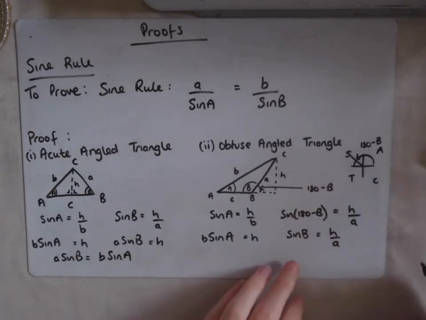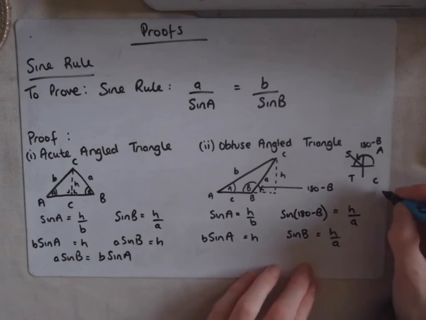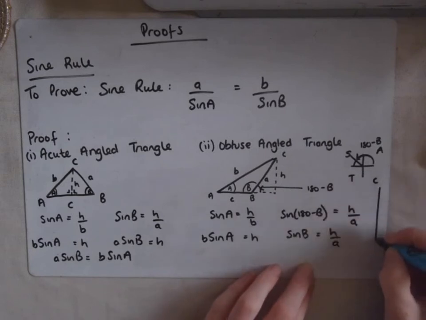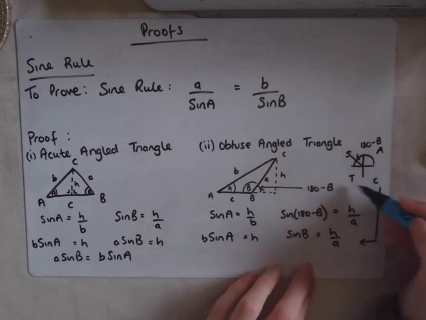So what you can just say there, you can draw a little arrow, and make sure you do include this because this will help with your explanation in your proof.